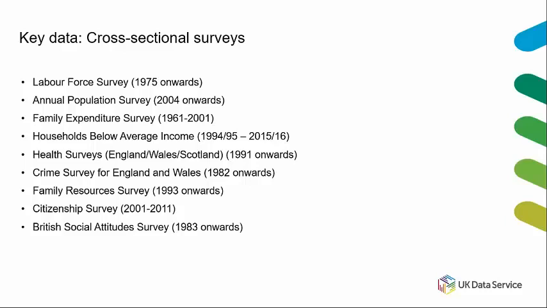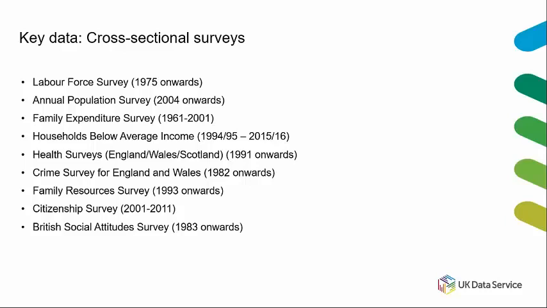Key topics covered include education, employment, health and ethnicity. You've got the family expenditure survey, the households below average income survey. So that one is statistics on the number and percentage of people living in low income families or low income households. We've got the health surveys for England, Wales and Scotland.